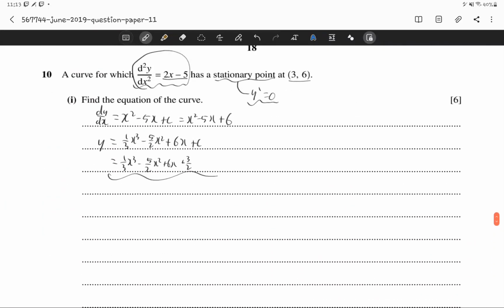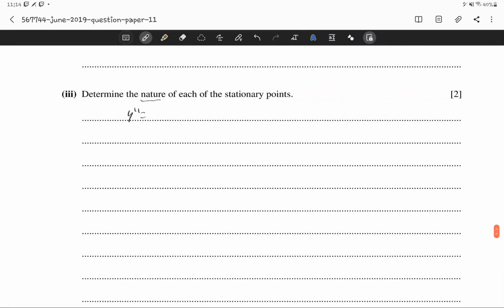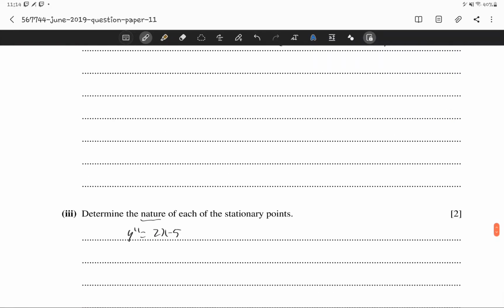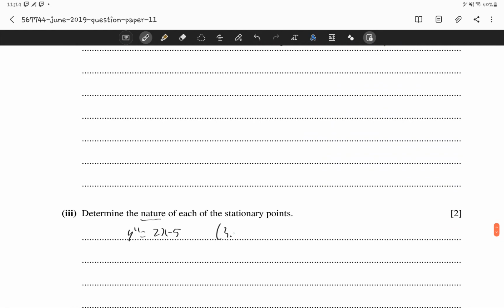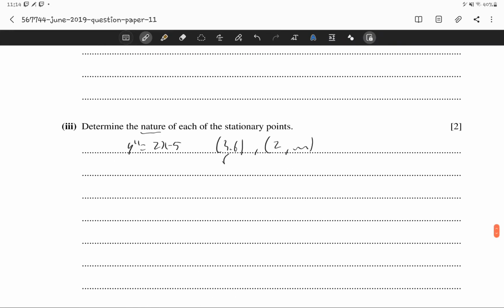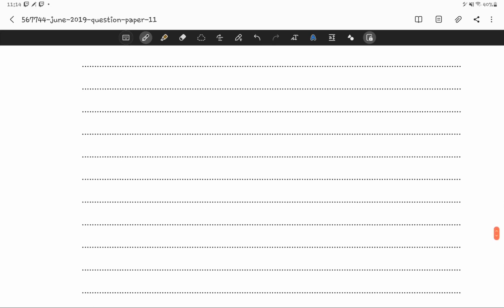Y double prime was 2x minus 5. So when you put this in, y double prime is positive. When you put this in, y double prime is negative.